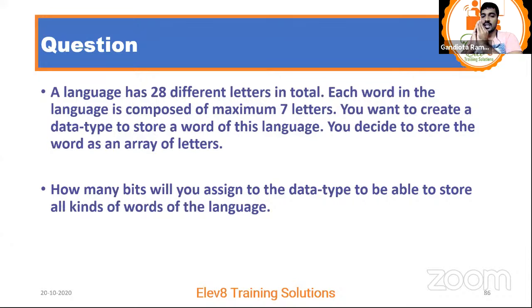So ఒక్కొక్క వర్డ్ 7 letters తో కంపోజ్ అవుతుంది. So you want to create data types to store the data of the language. Should decide to store the word as an array of letters ma, right?